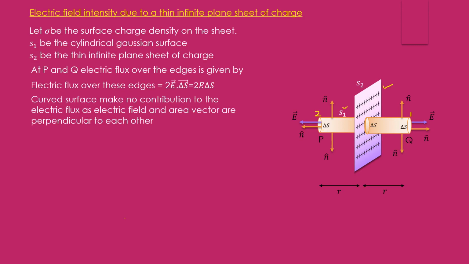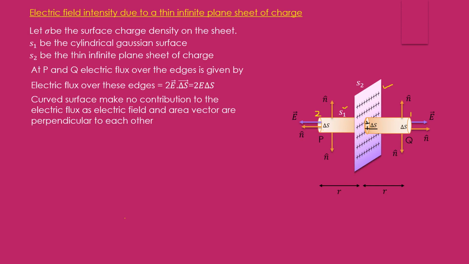Here also the cross section area is delta S, and there will be positive charge over this cross section, and due to this charge there will be electric field E here, and for surface 2 electric field E is here.